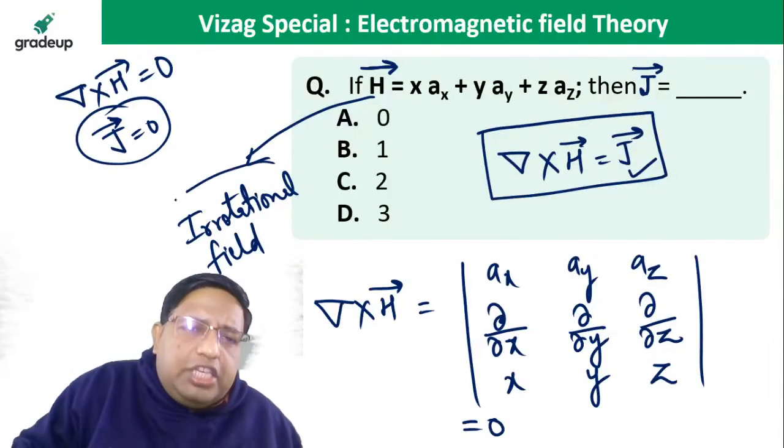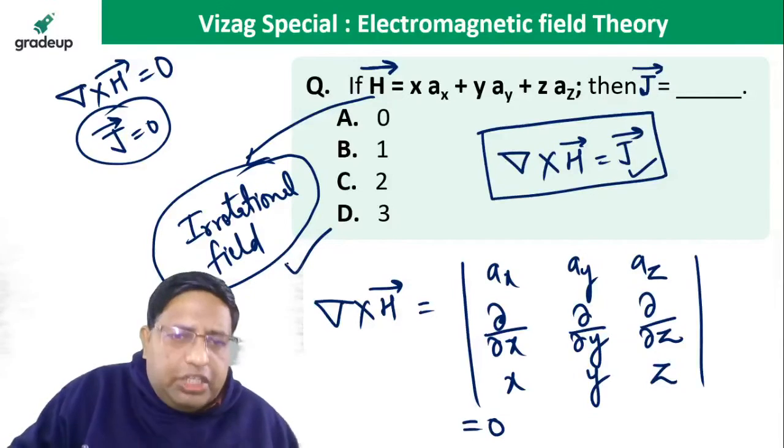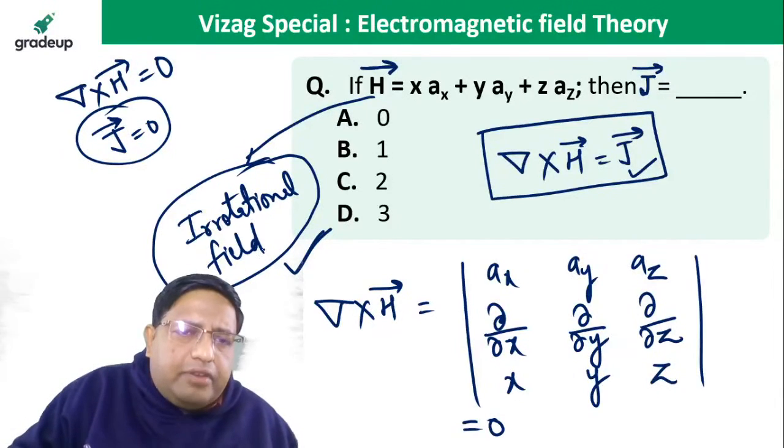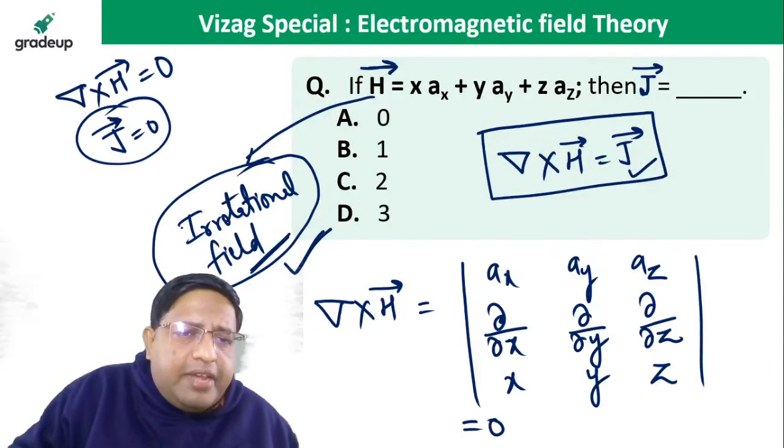That means this field does not have any capability of the rotation. So if the curl of any vector field is 0, this field is called irrotational field.